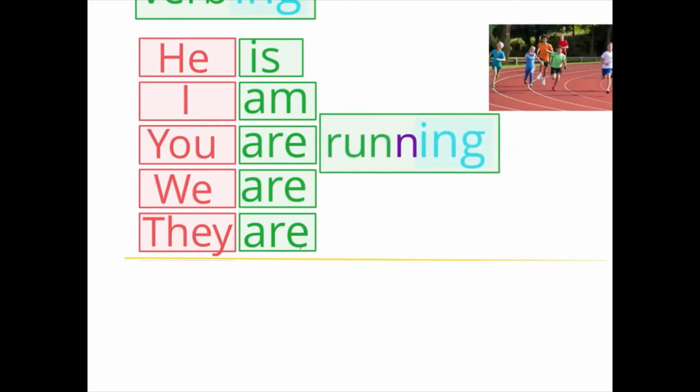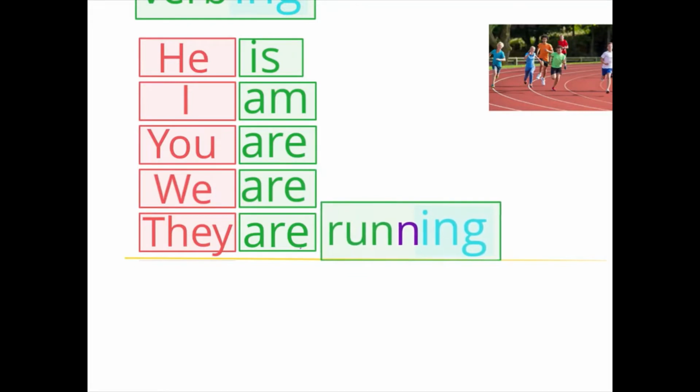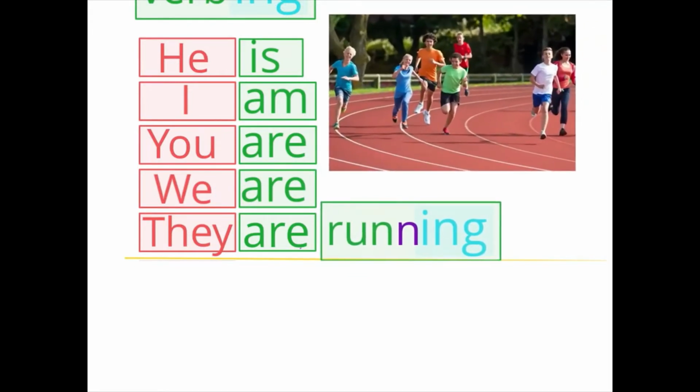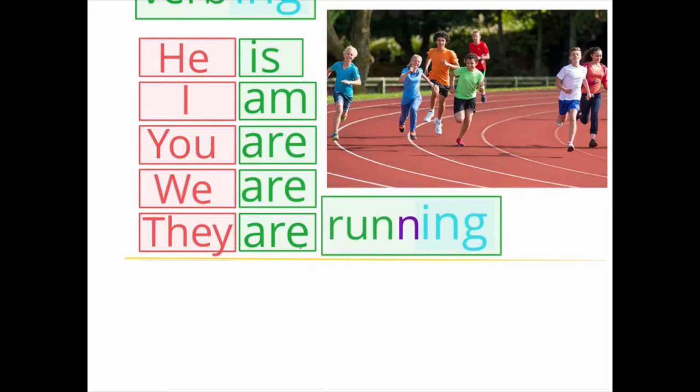If you are running, we would say you are running. If a lot of us or more than one of us are running, and it includes me, we would say we are running. And in this picture, I am not running, you are not running, but there are more than one person running, so we say they are running. All of these are happening right now.